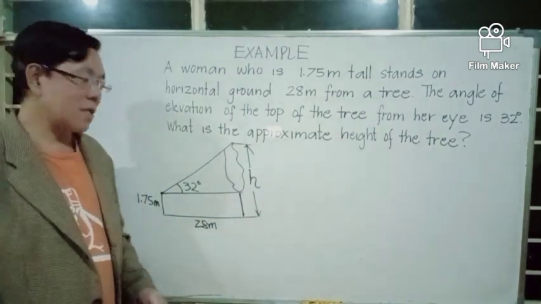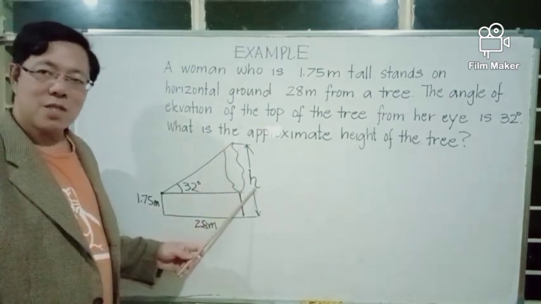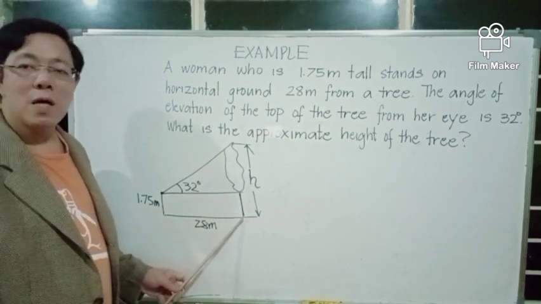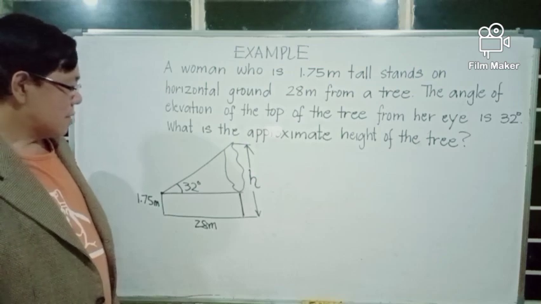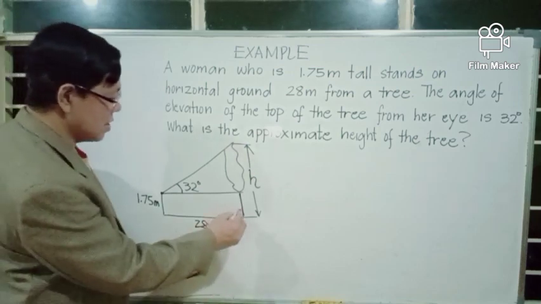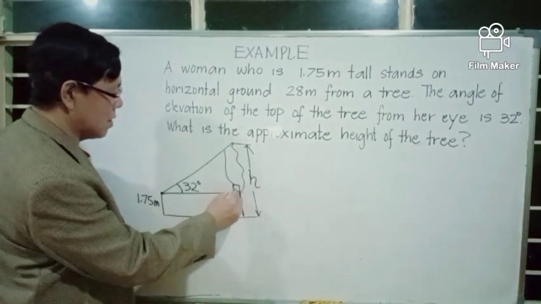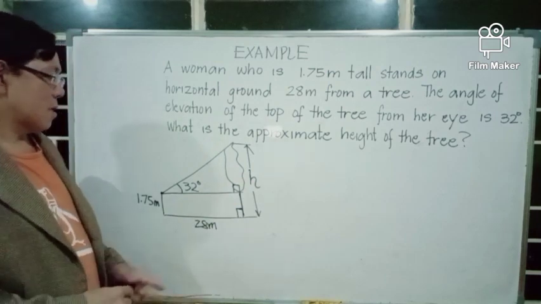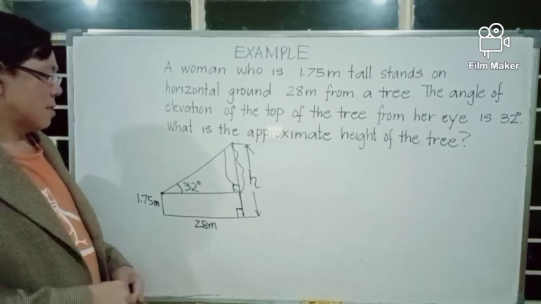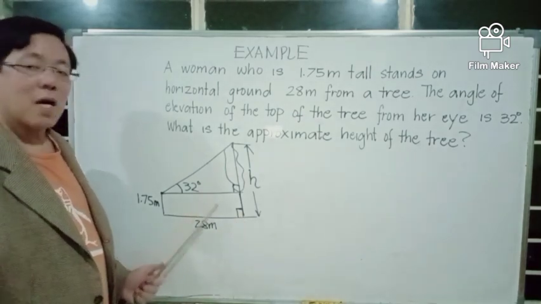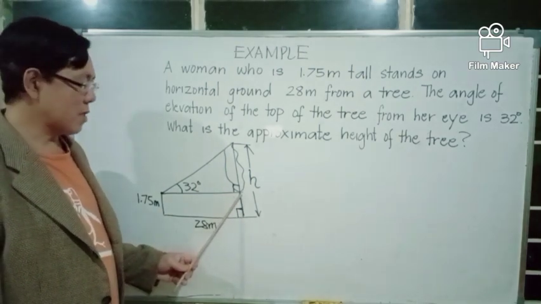And the tree is standing perpendicular with the horizontal ground, so this angle is 90 degrees, and we have constructed a right triangle with the right angle at this point.